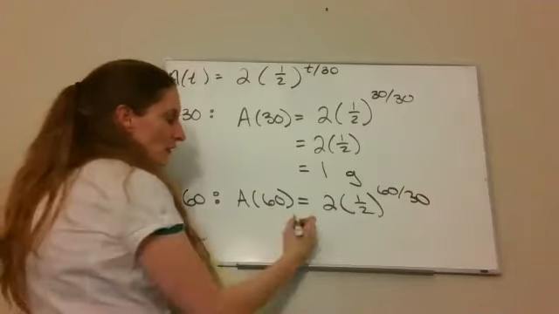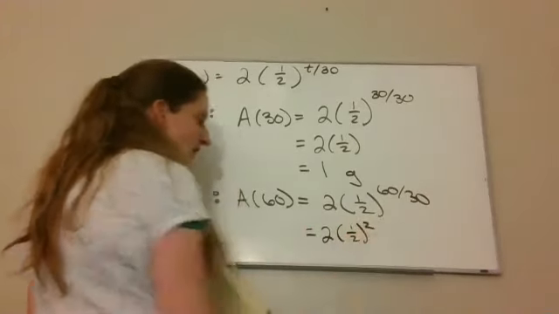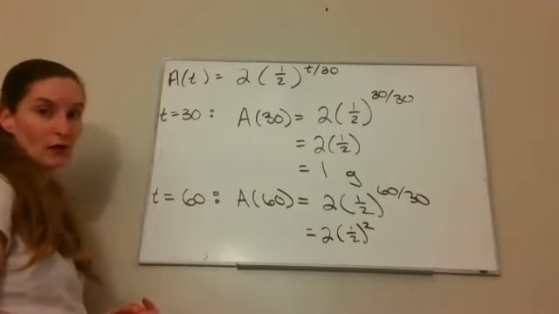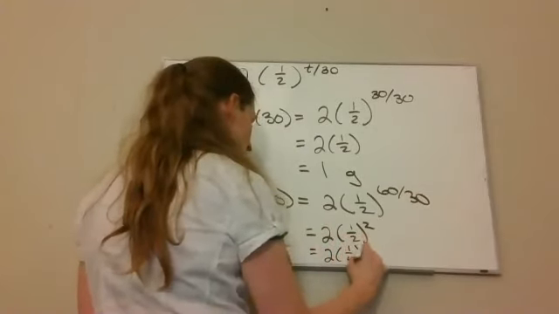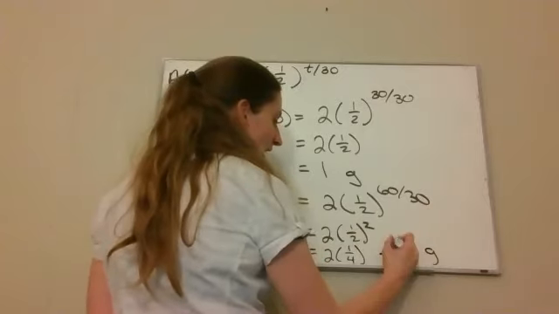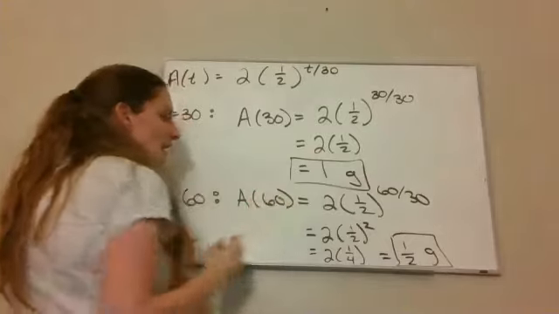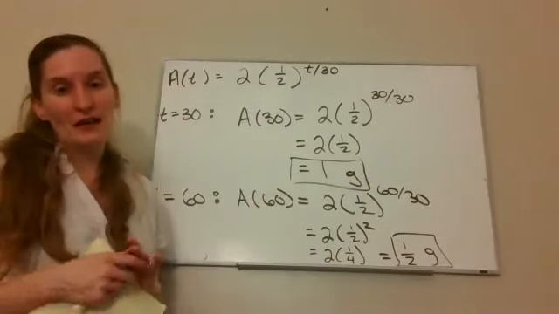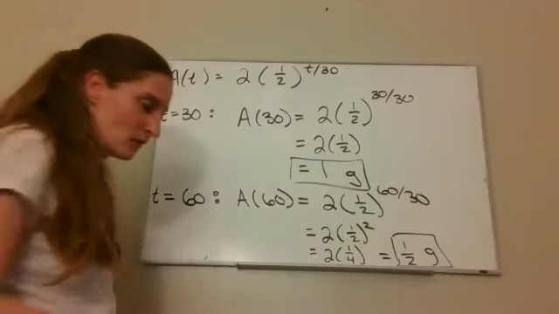Now 60 over 30 is 2. So I have 2 times 1/2 squared. 1/2 squared is 1/4. 2 times 1/4 is 1/2. So I have 1/2 gram left after 60 years, which is exactly what we thought would happen. We had another half-life go by, so another half of the material disappears.